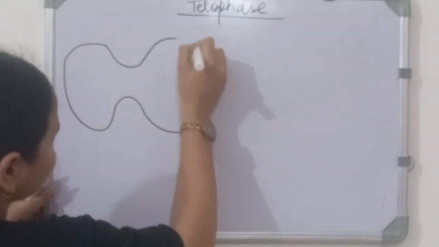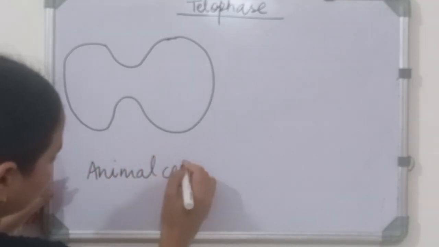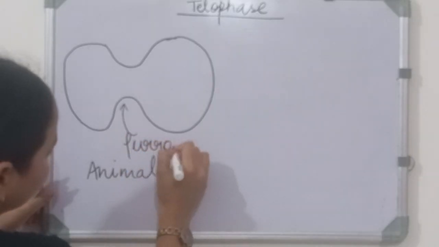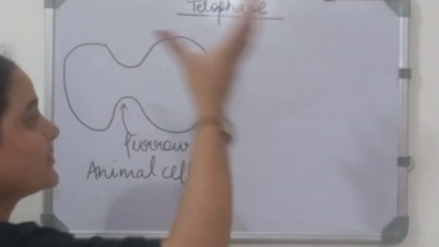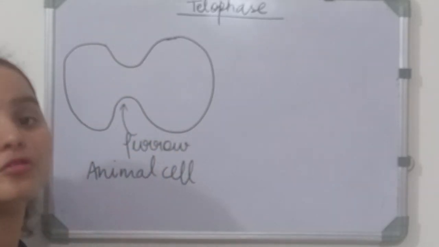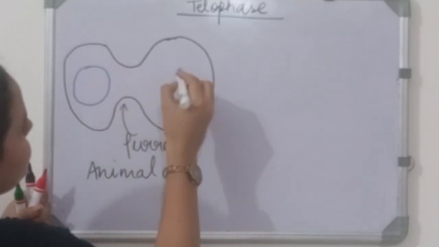Telophase: the furrow has deepened. Okay, like this. This is an animal cell, and this is the furrow. Here the chromatids which were moving towards the poles in anaphase decondense in the form of chromatin fibers, and the nuclear membrane also reappears.